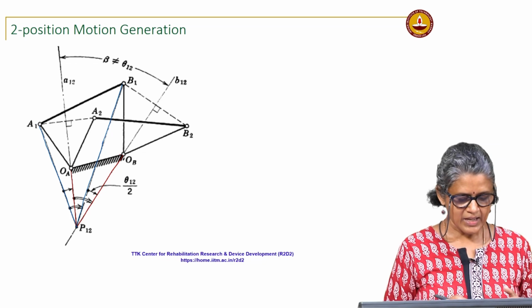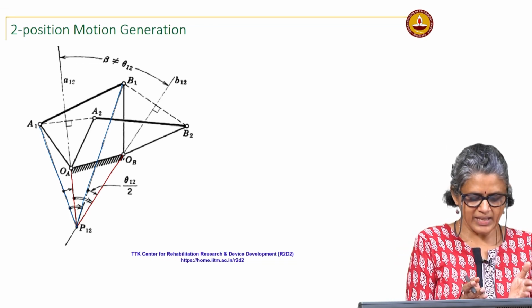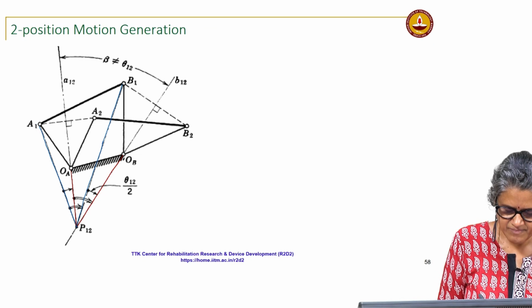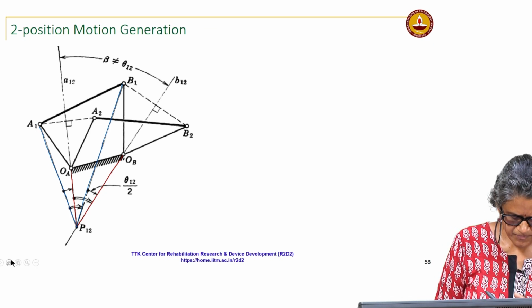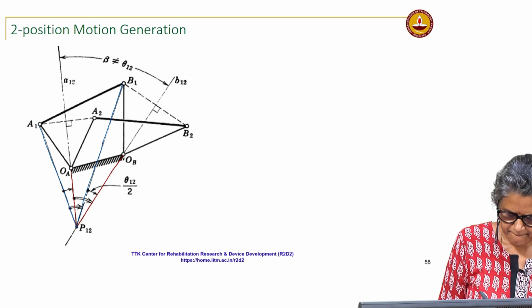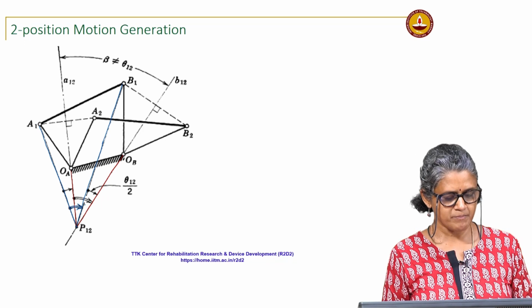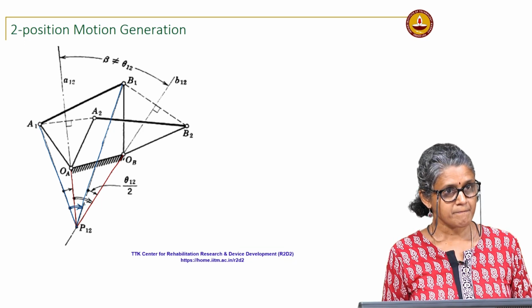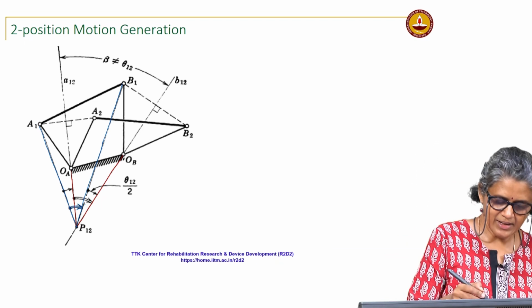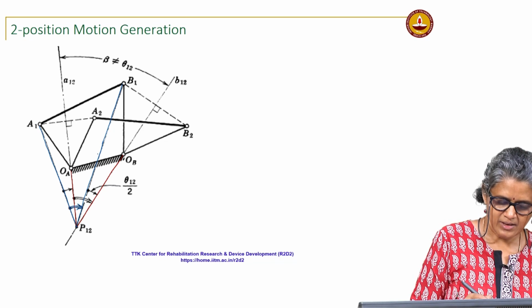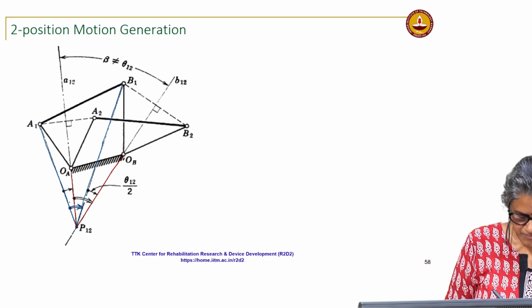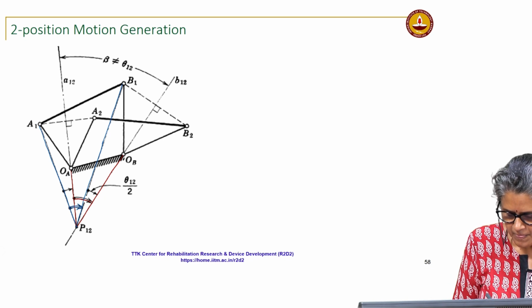Okay. If I look, so I can say this here is the angle subtended by the coupler at the pole. Okay. And then I have OA OB subtending this angle at the pole.